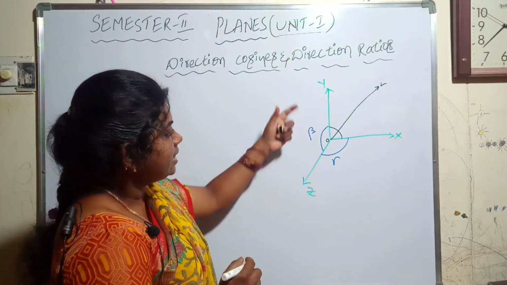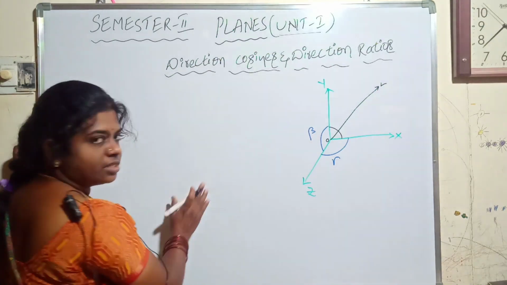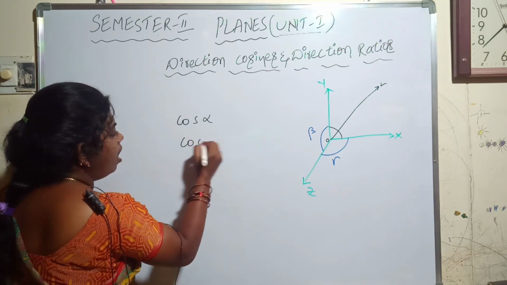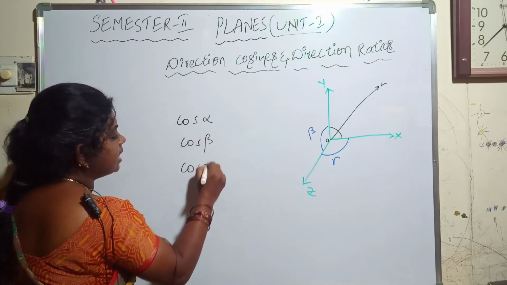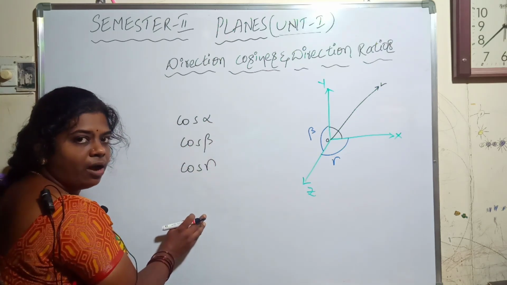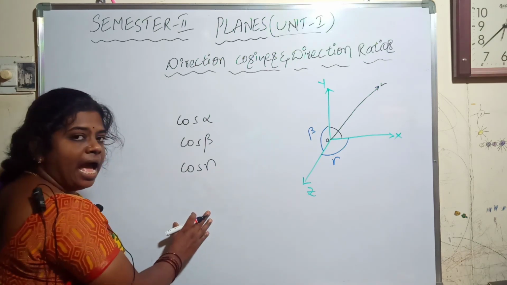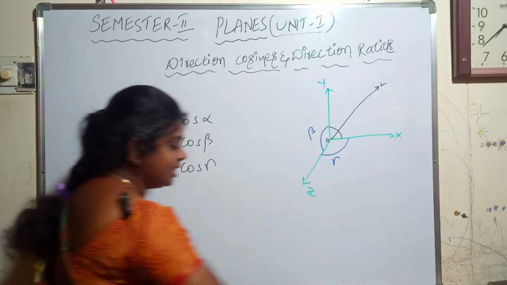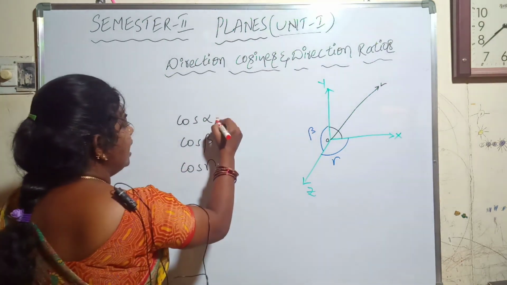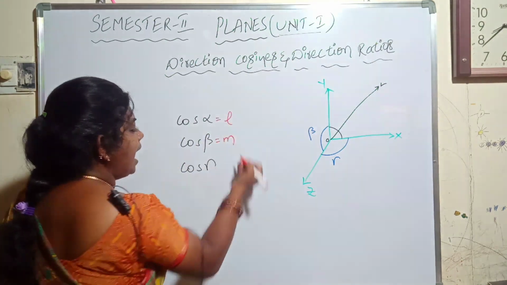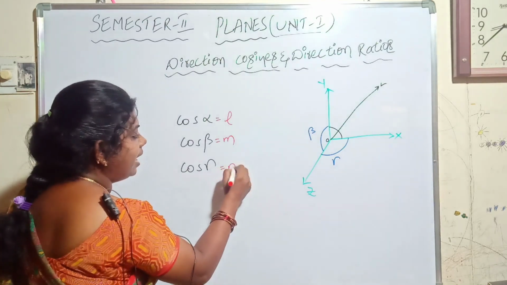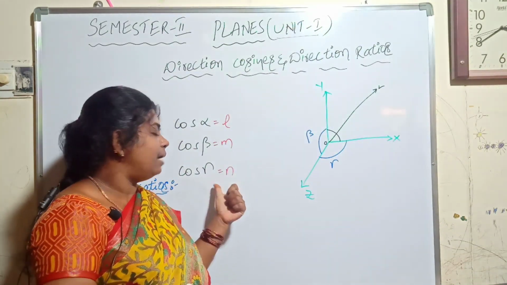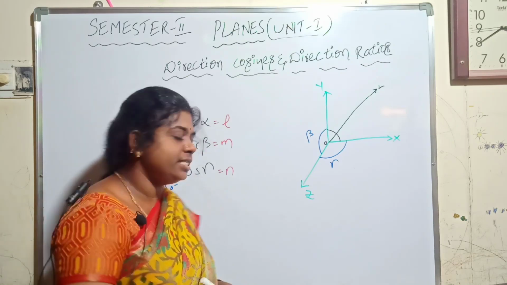Then the direction cosines can be written as cos alpha, cos beta and cos gamma. Alpha, beta and gamma are the angles made with the axes x, y and z respectively. We will write cos alpha as L, cos beta as M and cos gamma as N. Cos alpha, cos beta and cos gamma are called the direction cosines.